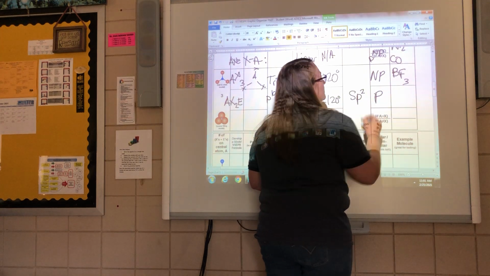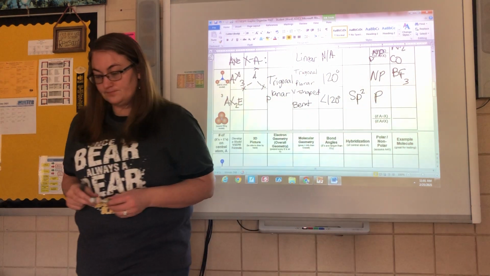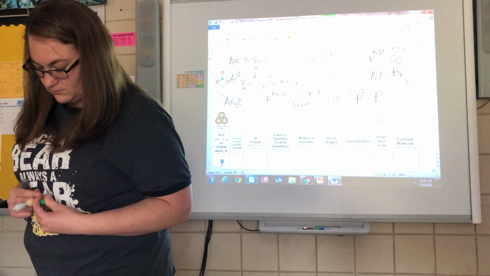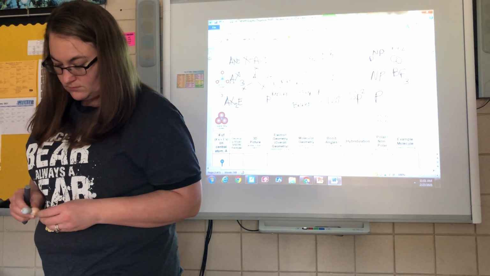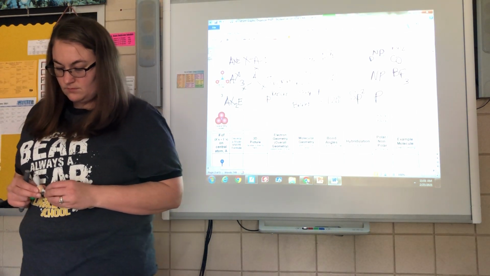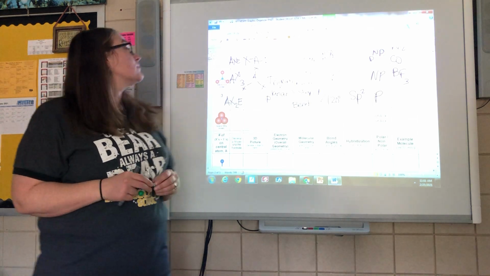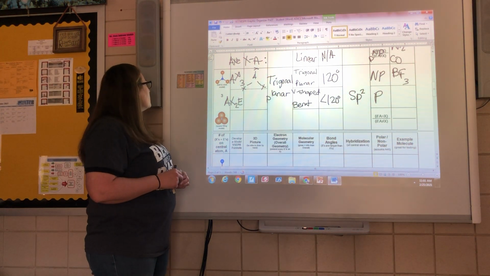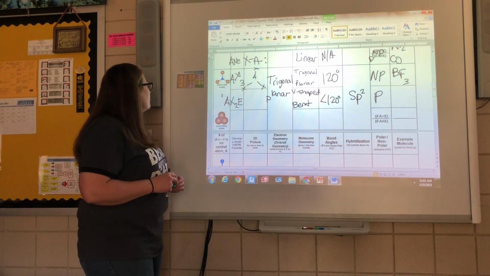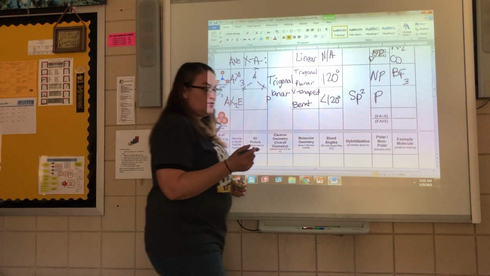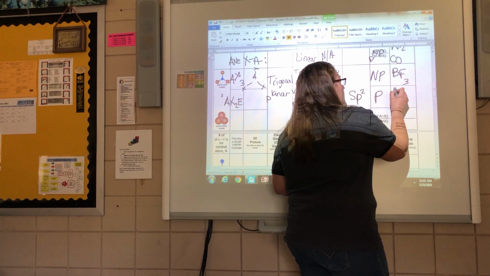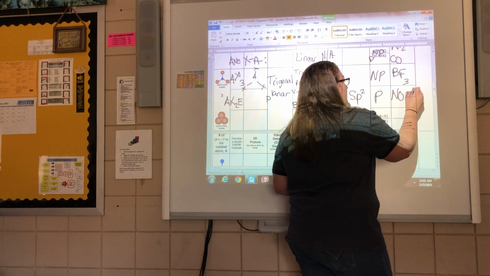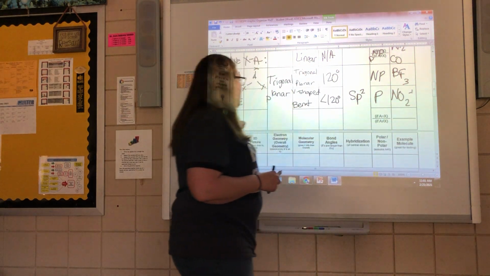So that's going to be polar. An example of this one would be a nitrite molecule, which has a -1 overall charge. That's one of your polyatomic ions. But that would be an example of this one.